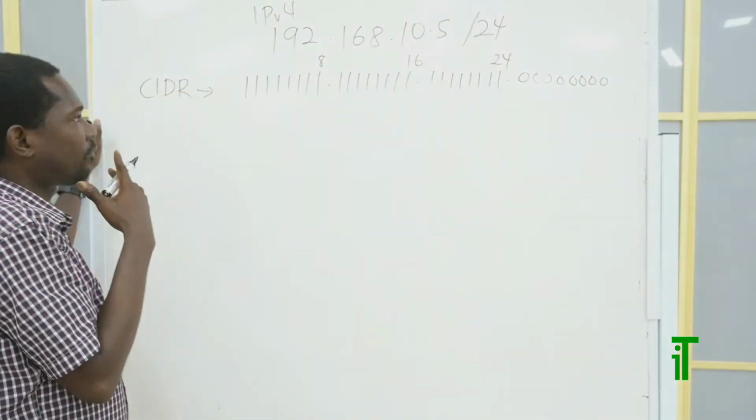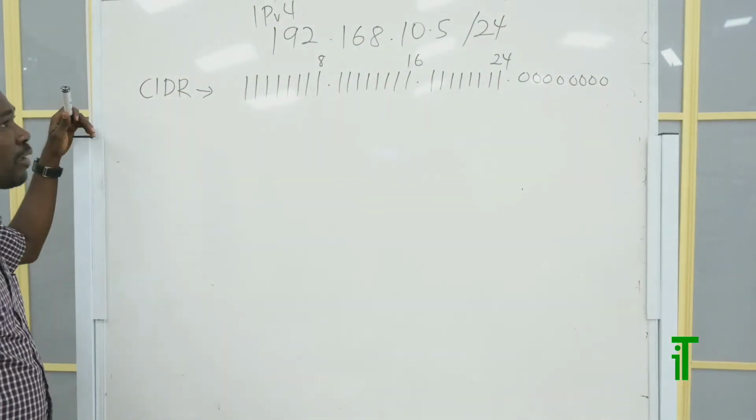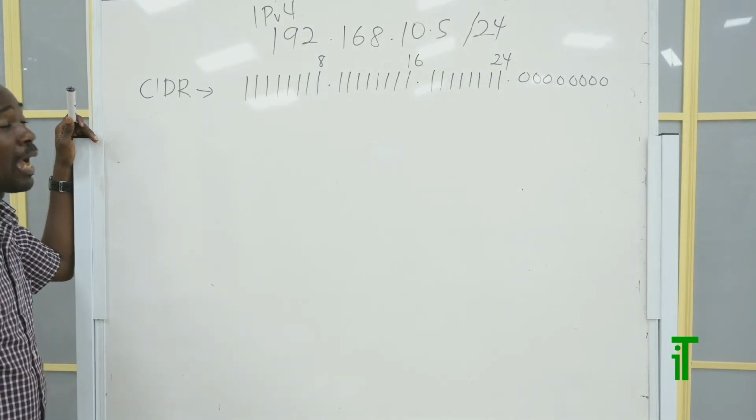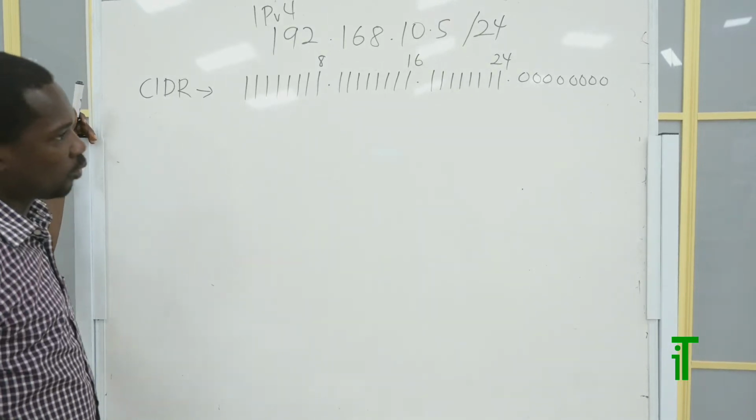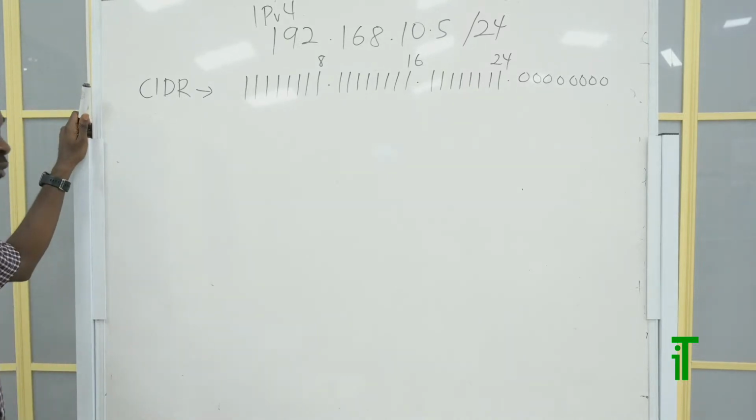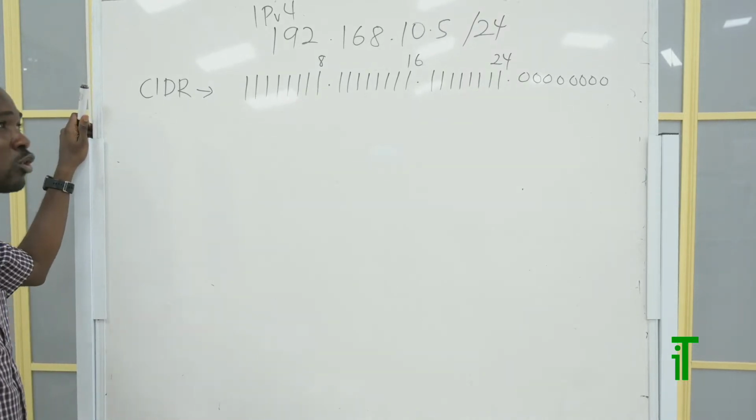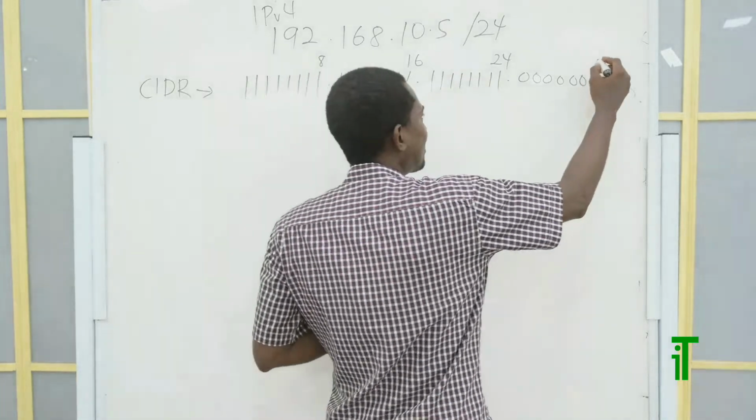All right, so for an IPv4 address, when we convert the IP address into binary, we are going to have 32 bits.